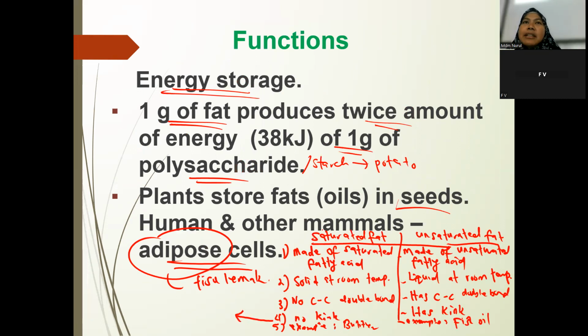Saturated fat has maximum number of hydrogen atom. Kalau yang unsaturated, kita nak kata apa?